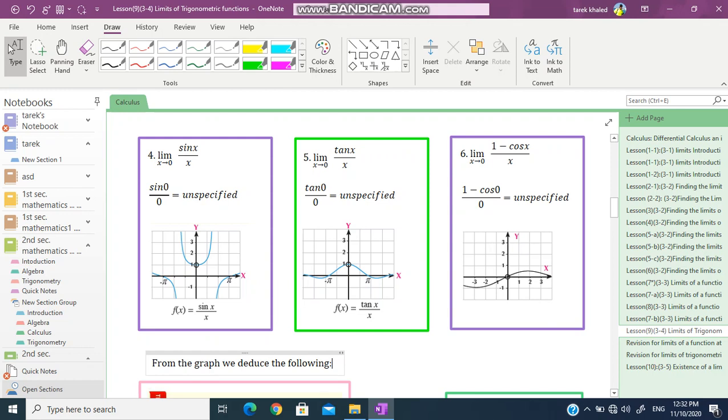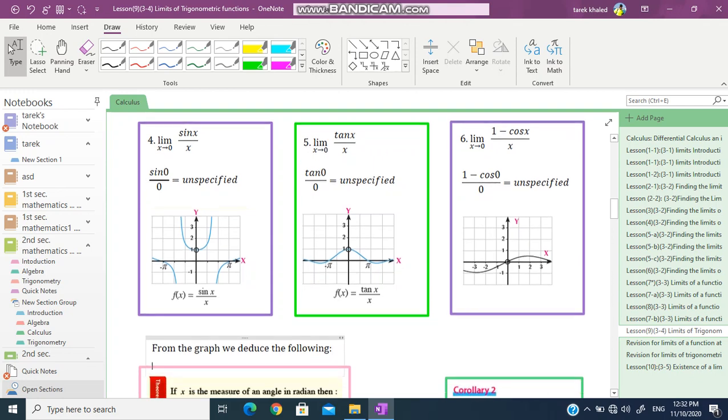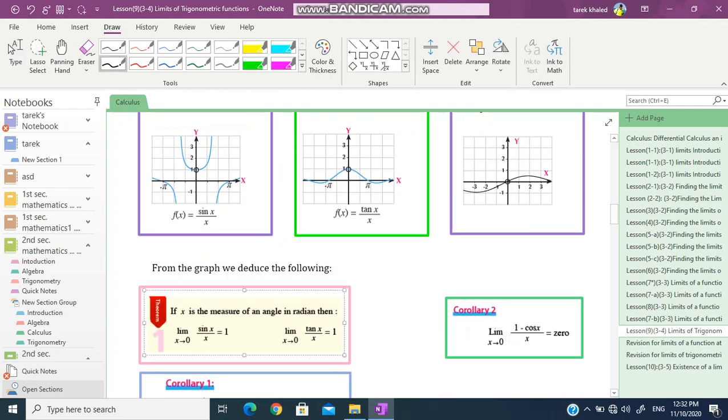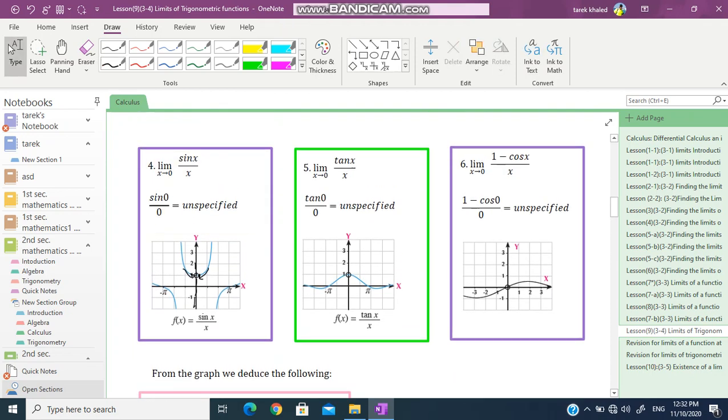So we find the limit from the graph as x approaches 0, moving from left and moving from right. The value of the limit approaches 1. So from the graph, the limit is 1.